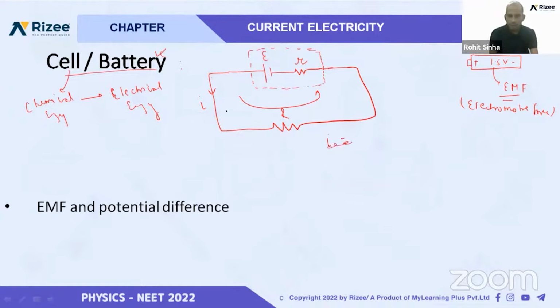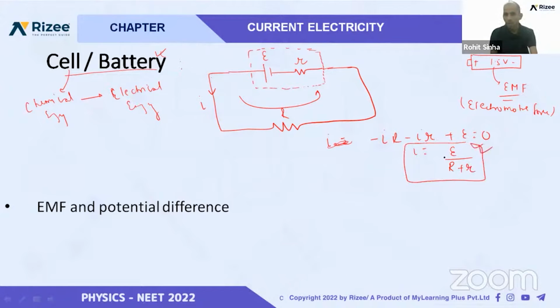Starting here, writing the KVL equation, we write minus I into R, minus I into small r, plus E is equal to 0. That means we can write I is equal to E divided by R plus r.